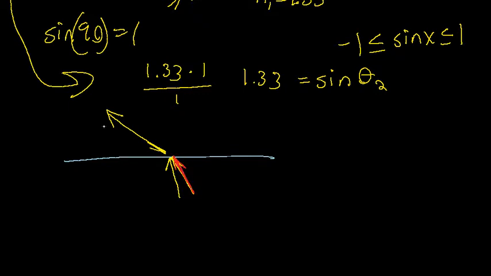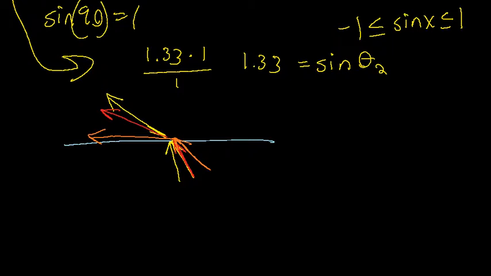This is a little steeper, so the output comes a little steeper. And then we get really steep in the water until the light barely escapes into the air at nearly 90 degrees. Once this output ray in the air reaches 90 degrees, that's the limit to what it can do.